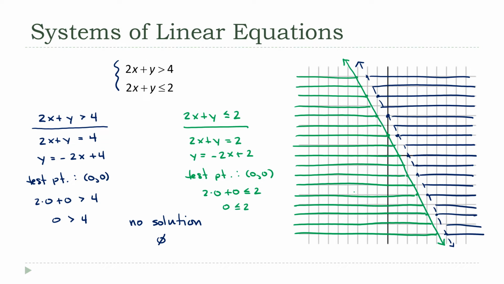We're looking for pairs of numbers where this expression, it's the same one in both of them, is both greater than 4 and less than or equal to 2. Well, there are no numbers that are greater than 4 and less than or equal to 2. So yeah, it does kind of make sense intuitively that there isn't going to be a solution here.